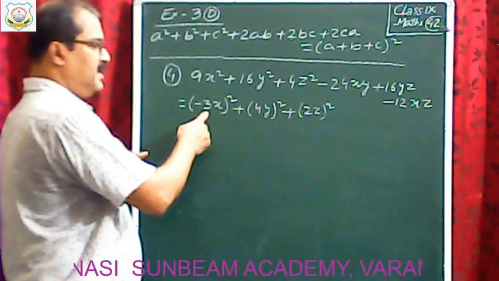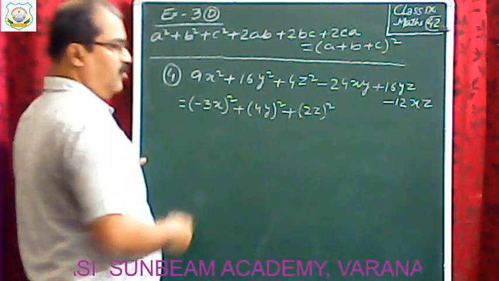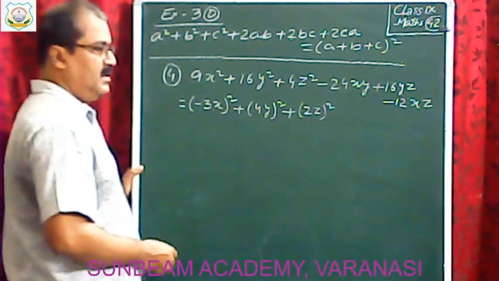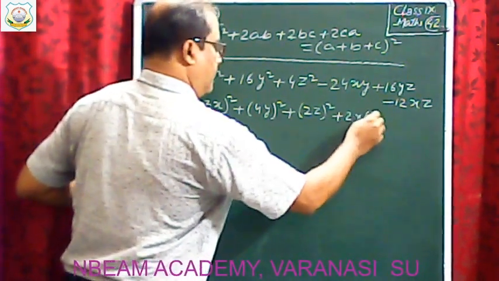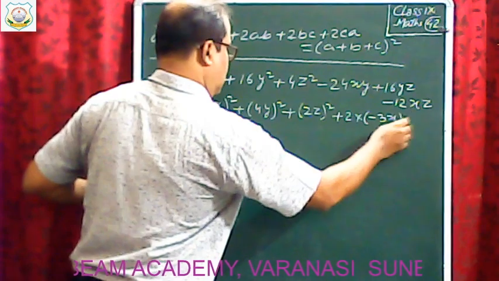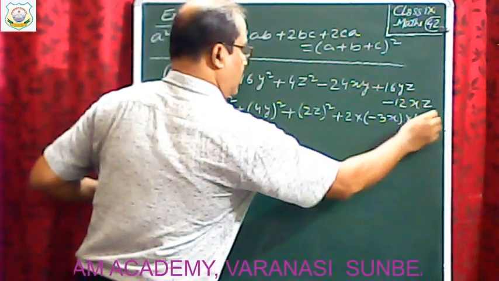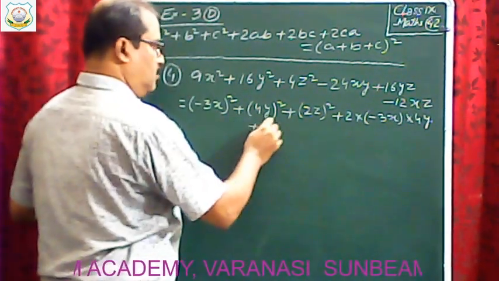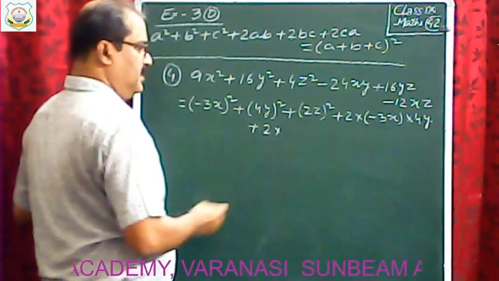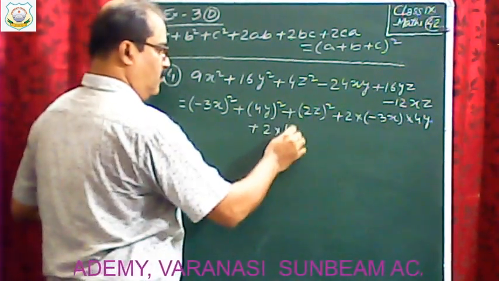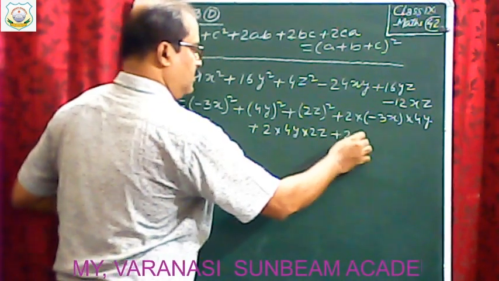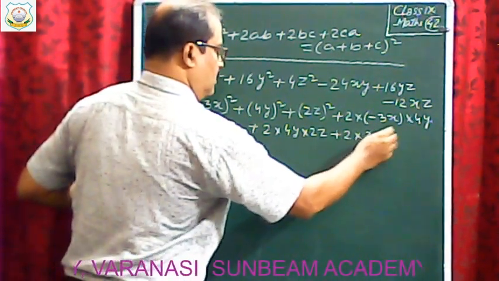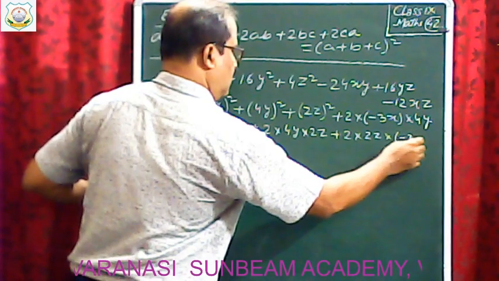The part of A is minus 3x, part of B is 4y, part of C is 2z, plus 2AB: minus 3x into 4y, plus 2BC: 4y into 2z, plus 2CA: 2z into minus 3x.